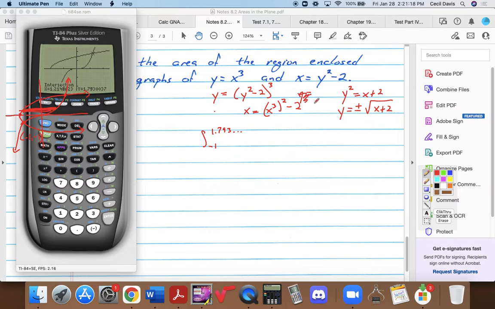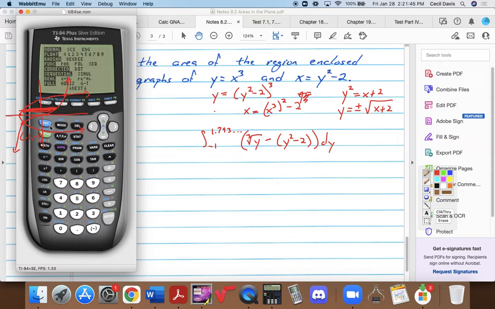The graph that's further to the right is y equals x cubed, so that's going to be the cube root of y minus y squared minus 2 dy. And it's a matter of putting all that in. Let's see.